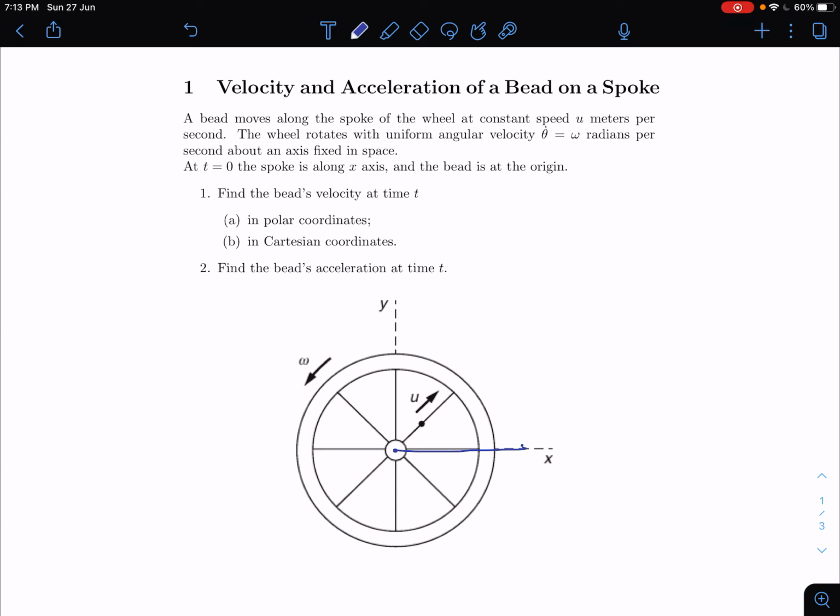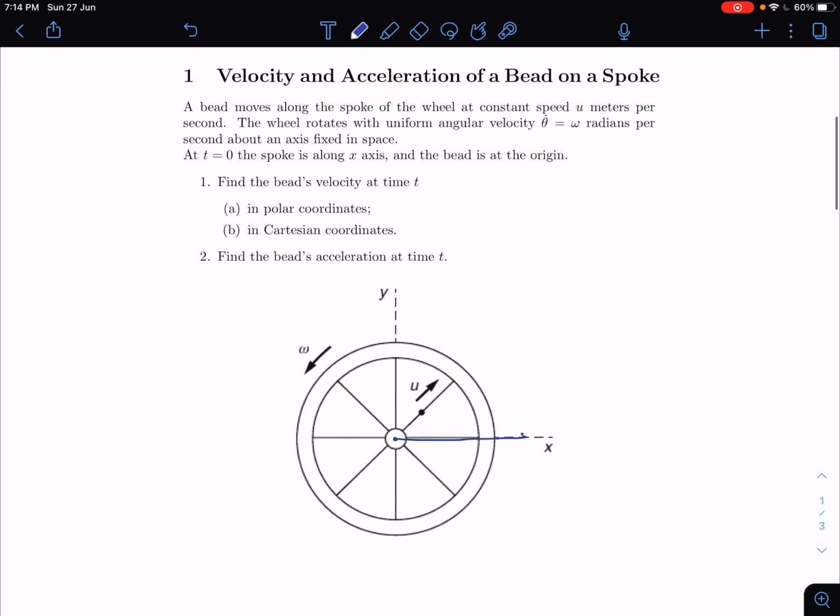You need to find the bead's velocity at any later time t in polar coordinate and in Cartesian coordinate, and you will see how much simpler the problem is in polar coordinate rather than in Cartesian coordinate. Then in the second part, you need to find the bead's acceleration at any instant of time.